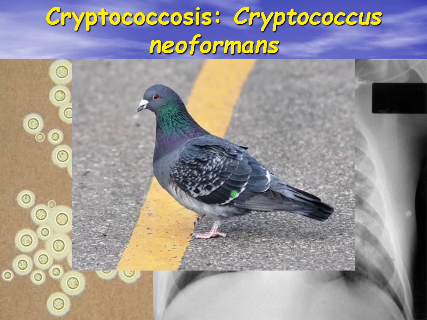That feces dries, you walk across it, aerosolize it, and breathe it in. So while Cryptococcus is found throughout the world and it's more of an urban disease, the other three, histoplasmosis, blastomycosis, and coccidioidomycosis, are actually more rural.